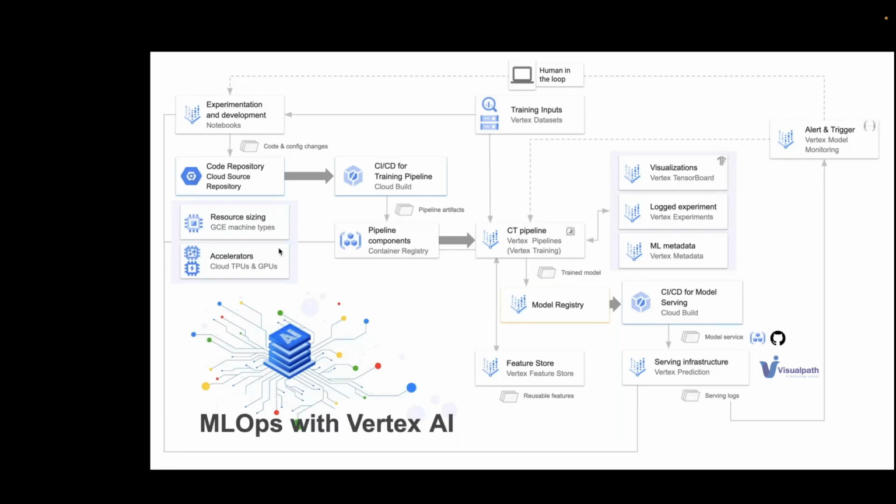And there will be some datasets which we saw, Vertex datasets. There will be pipelines, which are the Vertex training pipelines under the hood. These are Kubeflow, and this can also be scheduled, as I mentioned, so once these are retrained, they run on a schedule. All this is the result, and we will have the model in our model registry, which is again kicked off by our CI/CD process or Cloud Build.